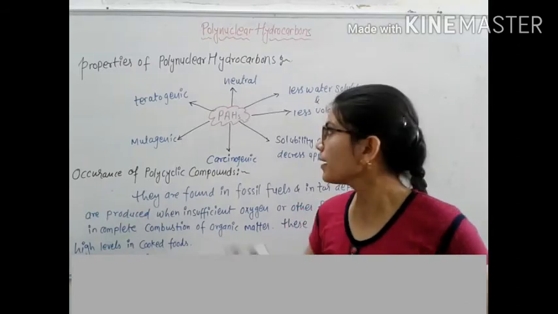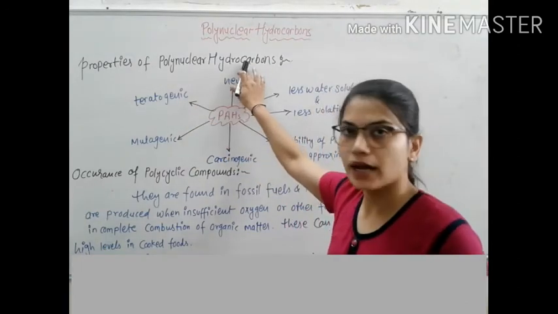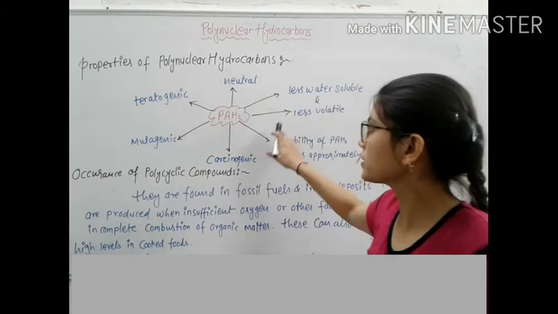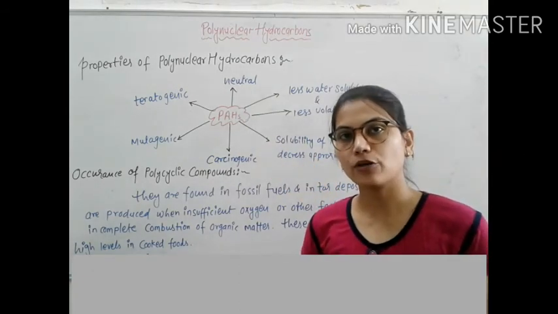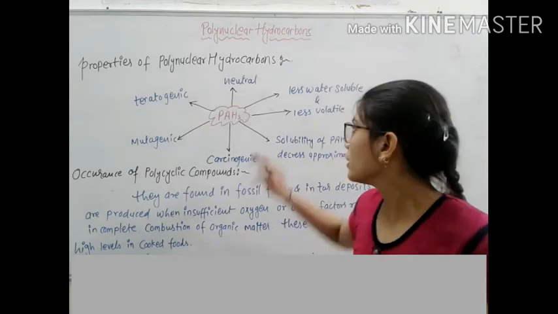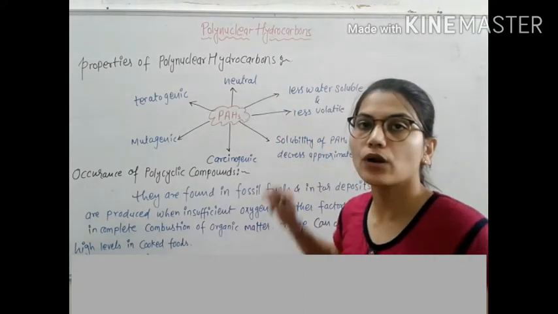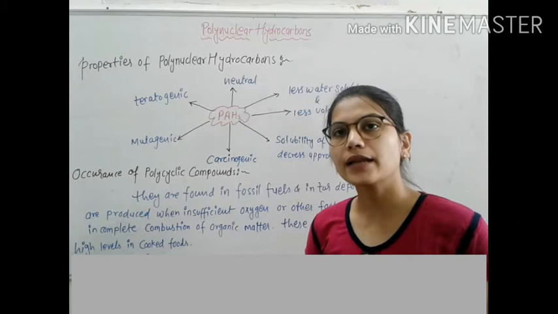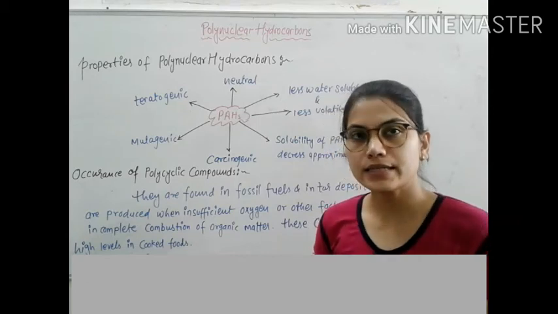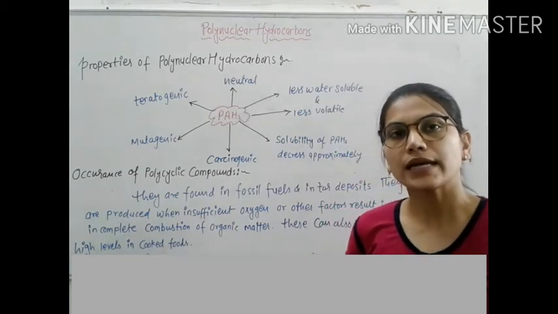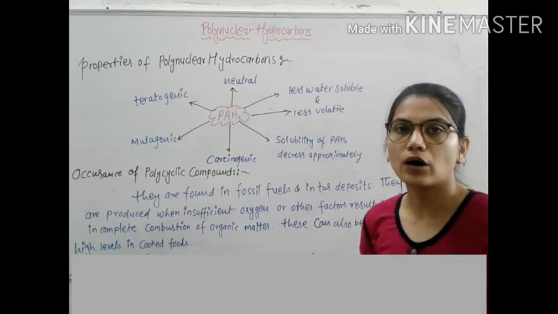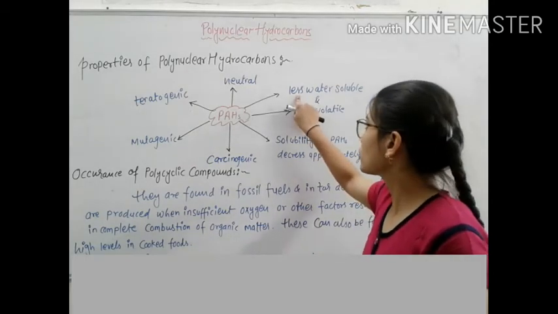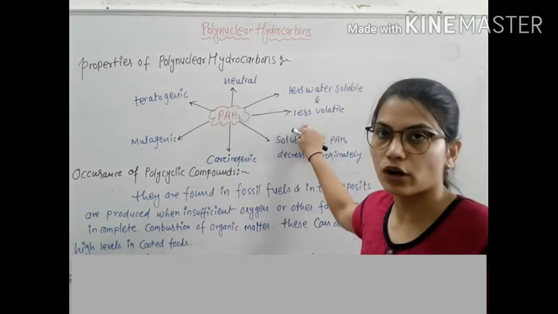Now discuss the properties of polynuclear hydrocarbon. Polycyclic aromatic hydrocarbons are neutral and non-polar molecules. These are lipophilic, that is, they mix more easily with oil than water. The large compounds are less water soluble and less volatile.